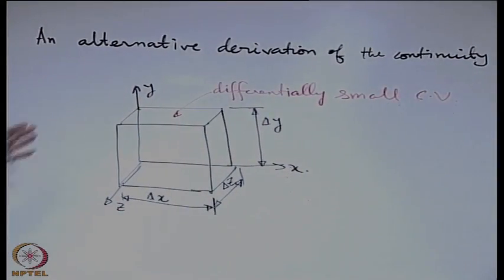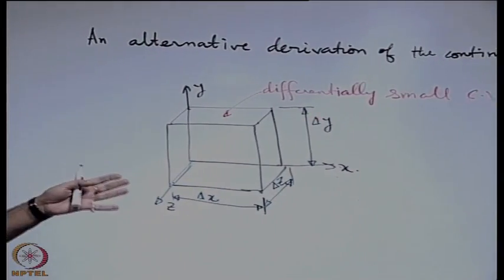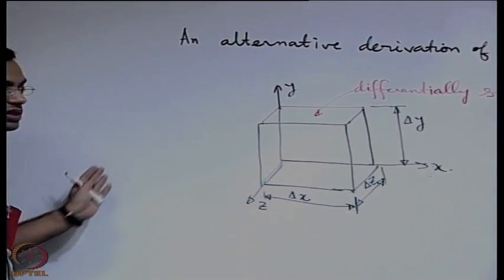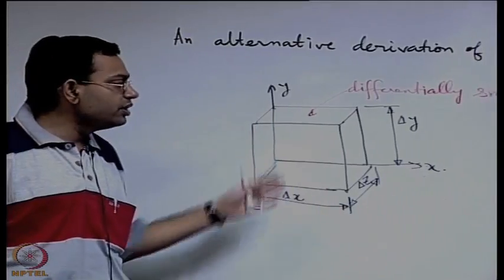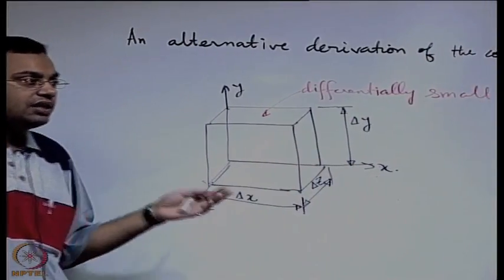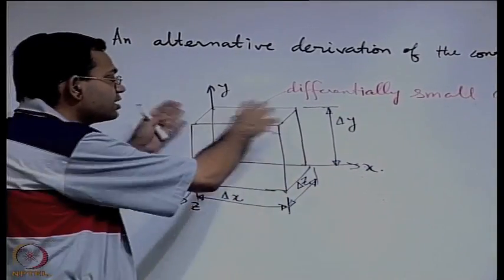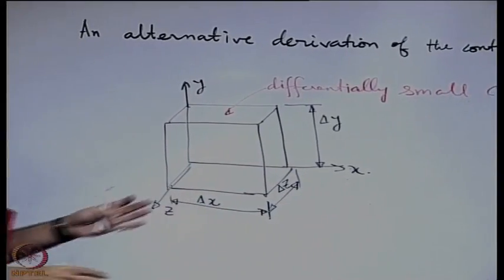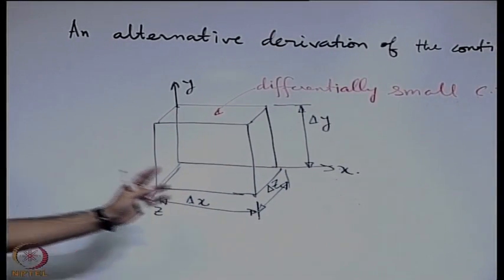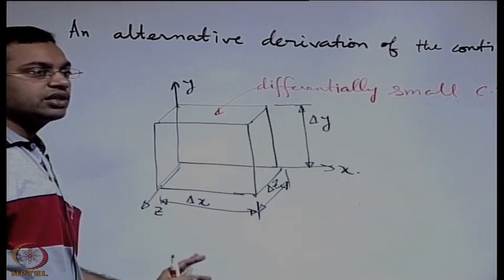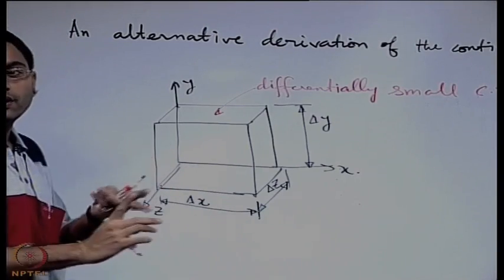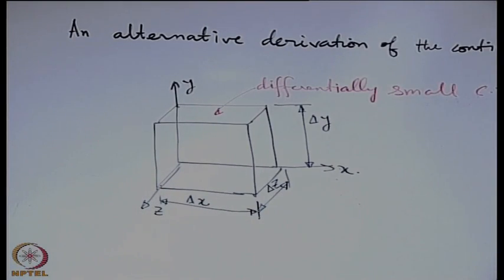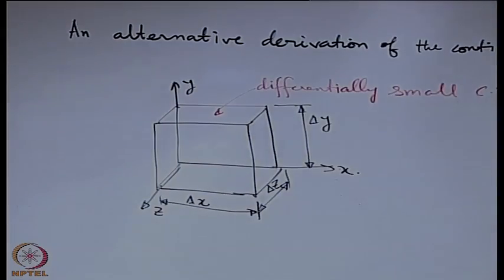Now, what is happening across this control volume? Some fluid is coming in, some fluid is going out, and that is occurring over 6 different phases, and each phase has a direction normal, and basically the mass flow rate across that phase is taking place normal to the direction of that respective phase.